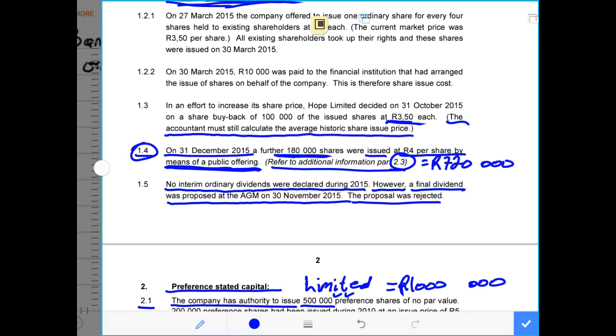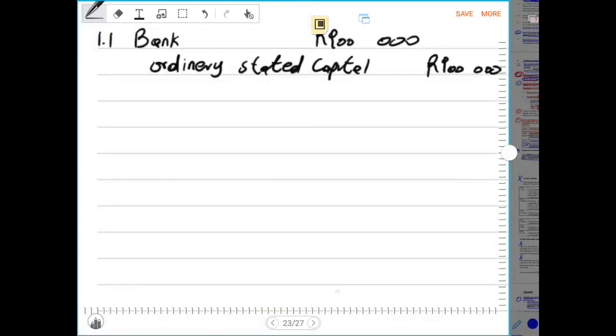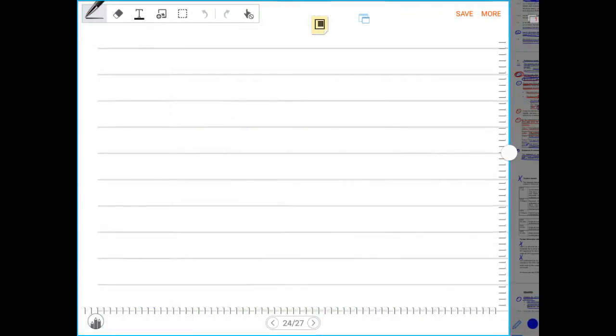So let me calculate that average share issue price with you so that we know how to calculate it. Then we record the entry for this transaction. So now we are calculating the average share issue price.